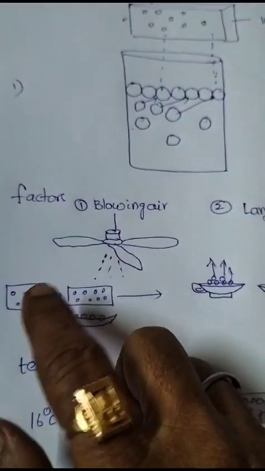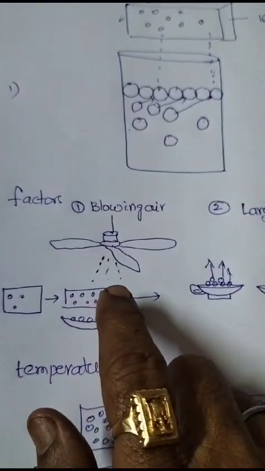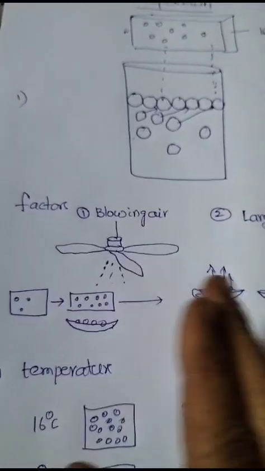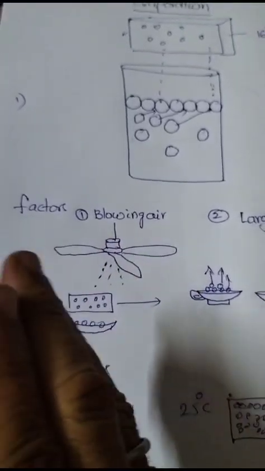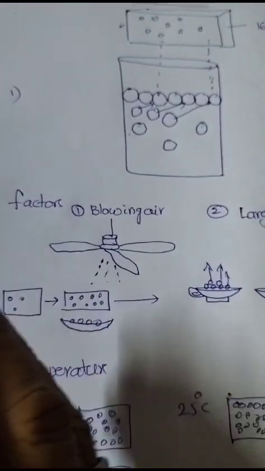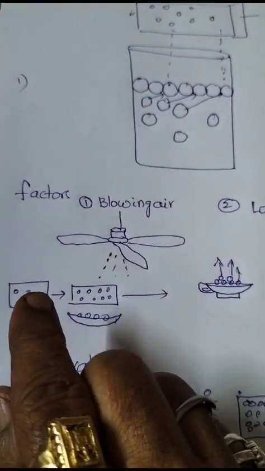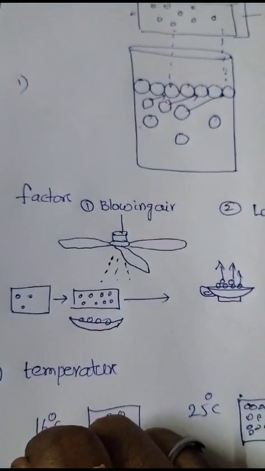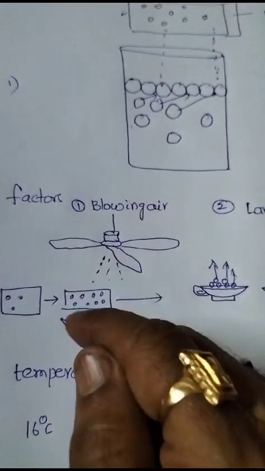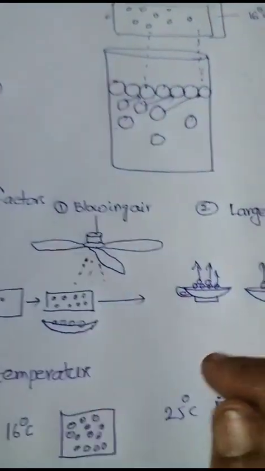Again the blow comes and it is also evacuated, and a new air column will occupy here. In such a way, the blowing air evacuates the water molecules which are sufficiently present, and they are replaced by air having fewer water molecules. So that is the reason the process of evaporation increases as the blowing air increases.